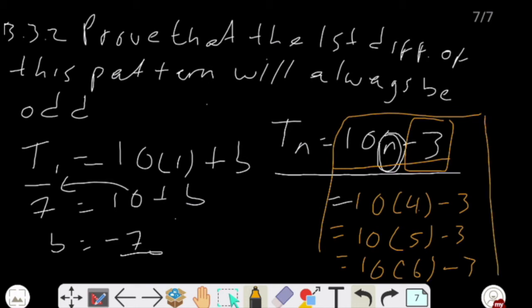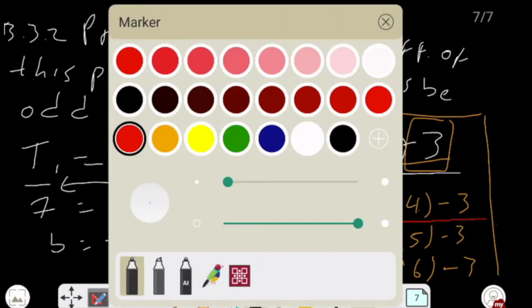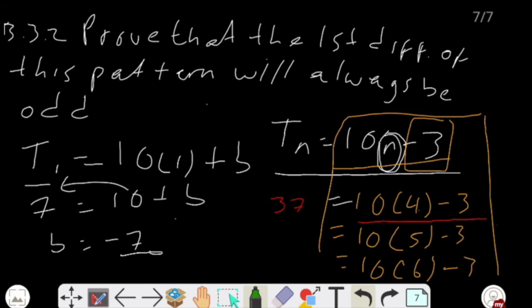Let's start with the first one: 10 times 4 minus 3. What do we get? We get 37. Then 10 times 5 minus 3. What do we get? We get 47. And 10 times 6 minus 3. What do we get? We get 57.